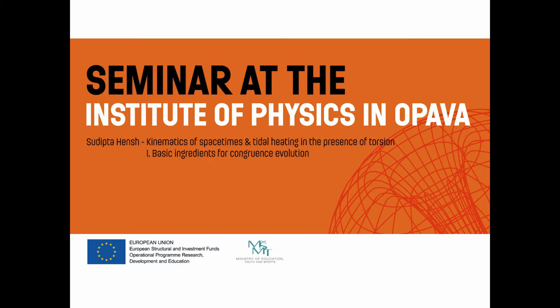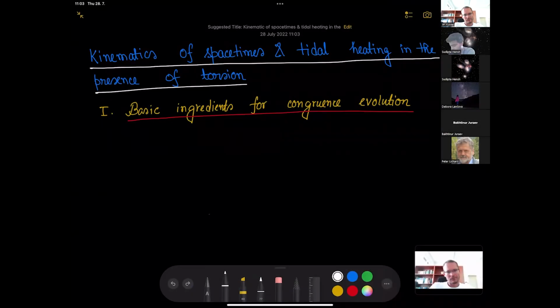This is the first seminar of the series of lectures named Kinematics of Spacetimes and Tidal Heating in the Presence of Torsion. So today I will talk about basic ingredients for congruence evolution. This series of seminars will be divided mostly into two parts.